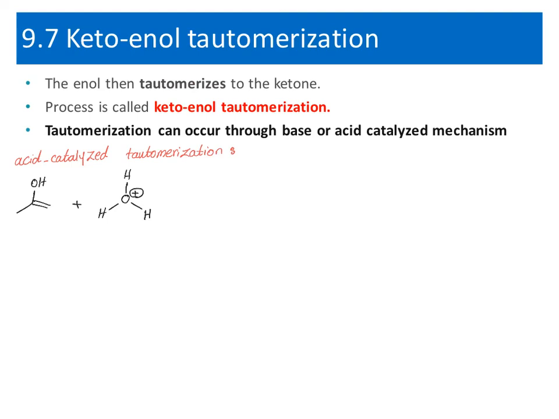Now the pi bond in the enol will act as a base, so it attacks the hydronium ion. It's a proton transfer here, and the proton will be added to the less substituted carbon. So we are going to form this product, this carbocation.